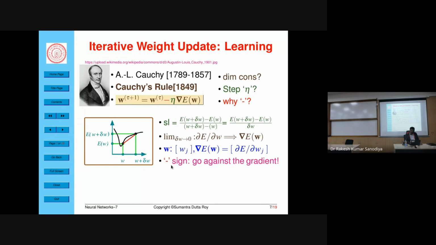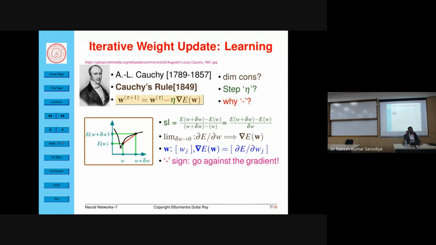The minus sign is interesting. By definition, the gradient is in this direction. It is in the upward direction. So if I want to go for the minimum, I'll have to go against the gradient. Now you might argue, why didn't we take W minus delta W on this side and take the gradient there?